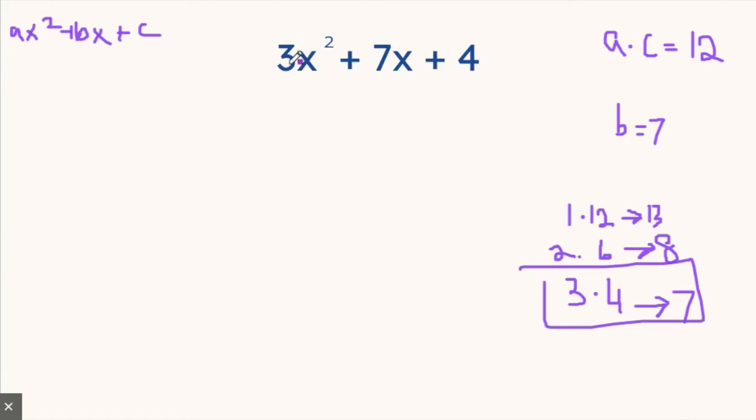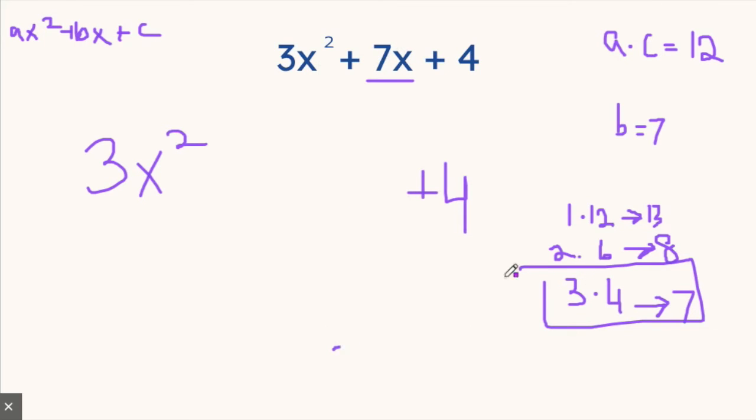Now if x didn't have anything in front of it, we would just do the parentheses and put these numbers in. But in this case, because the leading coefficient is not 1, instead we use these numbers to split the middle term. Now what do I mean by that? Just write the first term again, 3x squared, and the last term, which is plus 4. But you split 7x into 2.